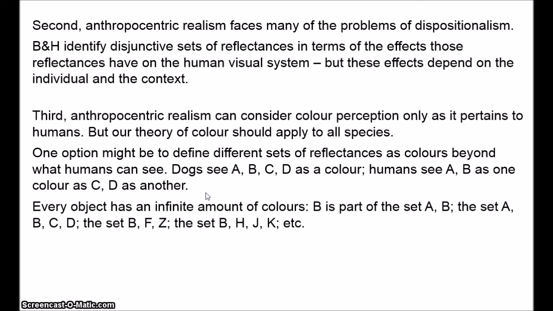So it counts as red because it's part of the set AB, say. But it's also part of infinitely many other sets, and hence it counts as infinitely many other colours, which seems a bit odd. It's a slightly bizarre result. I'll discuss this kind of view a little bit more in the next video, but immediately this looks rather odd.